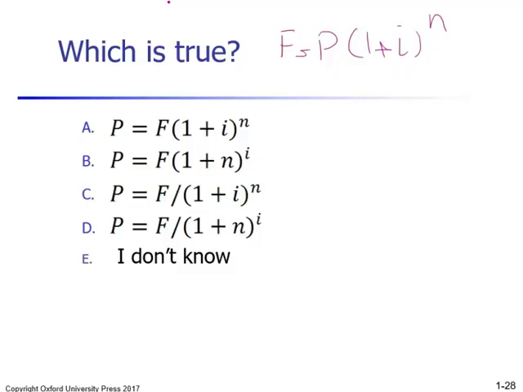So when you want to do that, you just need some refresher from your algebra class that, okay, we need to take this to this side. So it would be P equals F over 1 plus I to the power of n.